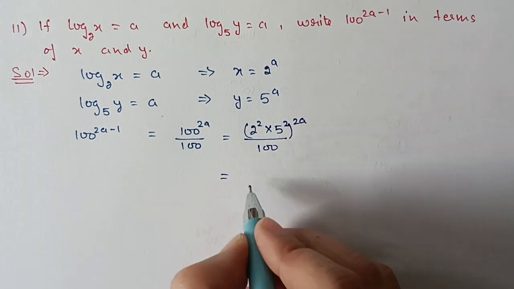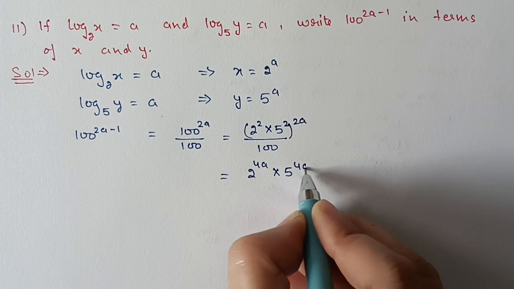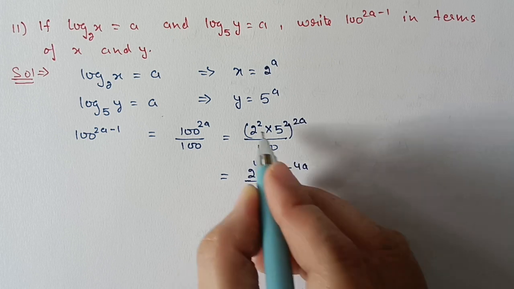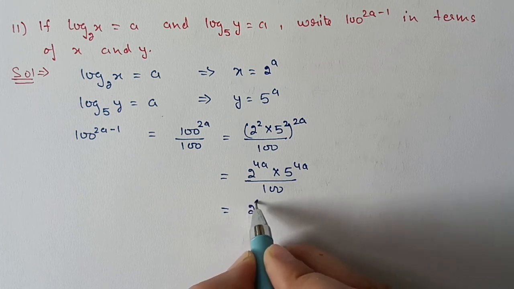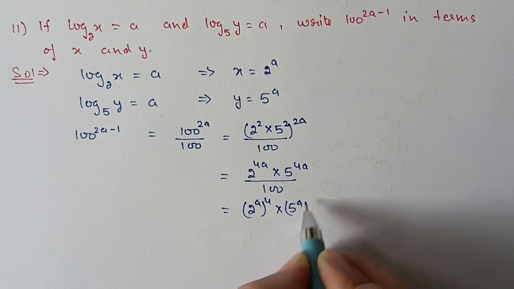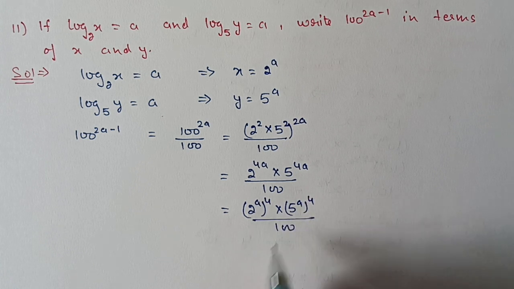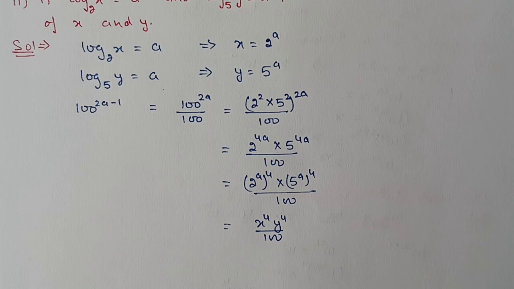So this we can write 2 to the power 4a, 5 to the power 4a. Powers we have to multiply. Now again we can write it as 2 to the power a whole power 4, 5 to the power a whole power 4 divided by 100. So 2 to the power a is equal to x and 5 to the power a is equal to y. So the answer is x to the power 4 times y to the power 4, divided by 100.